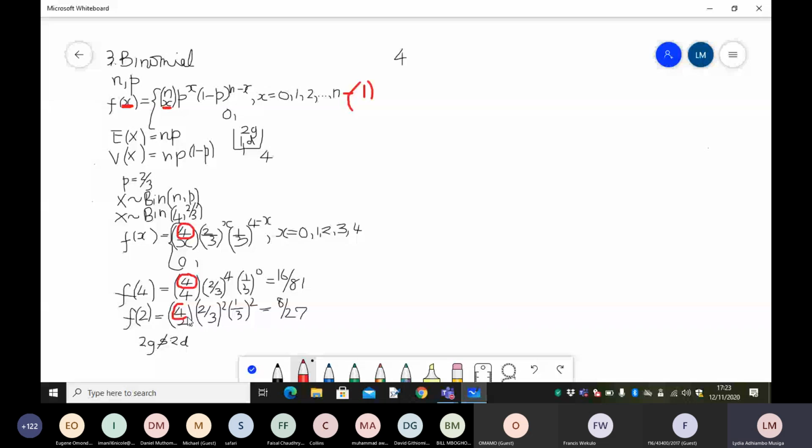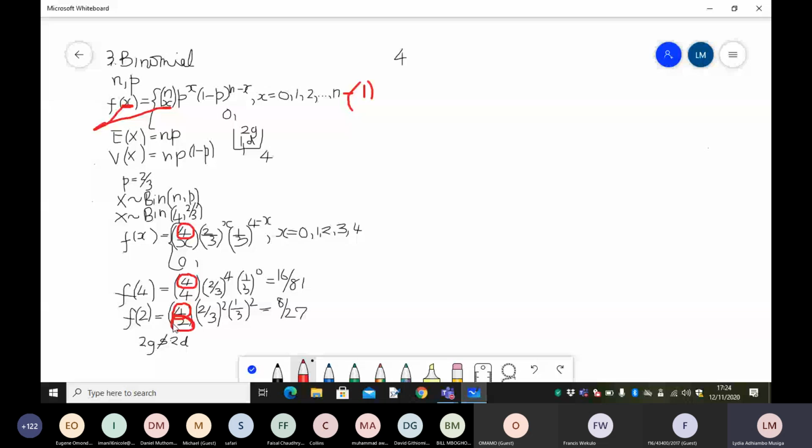In our question, the number of successes is 2, but we are picking 4 times. So if I pick 4 times and I find that only 2 of them are good, then it means that the other 2 are bad.